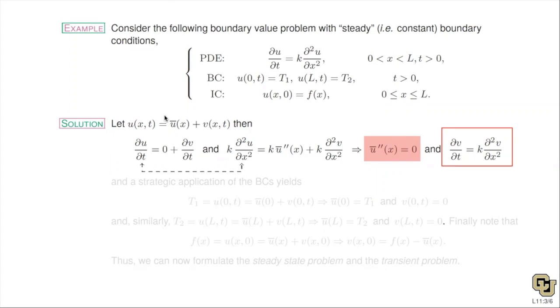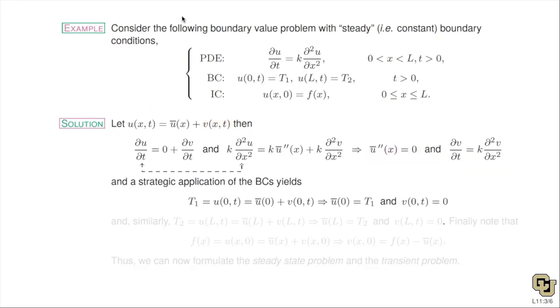We just take U bar plus V and replace the U everywhere the U occurs. We're just going to use this assumption, and then we can accordingly decompose the resulting equations to get our system of the ODE and the PDE.